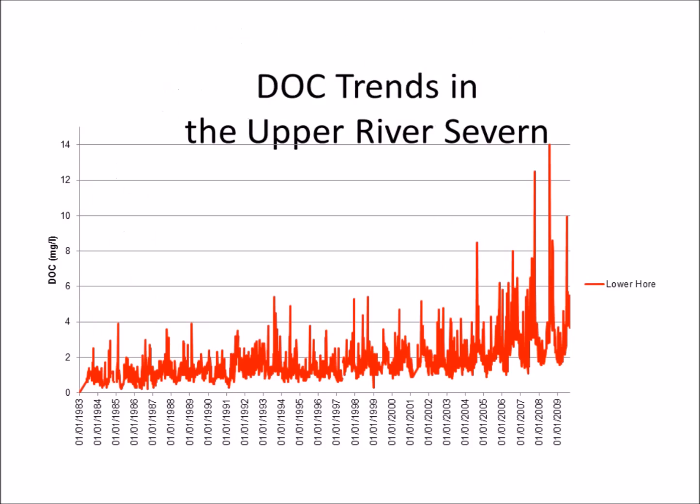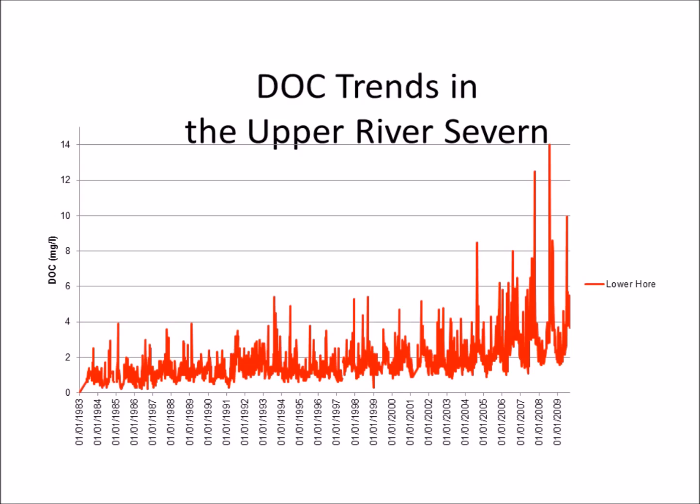And that sort of process is also happening in the uplands, long-term trends in water quality. So here's dissolved organic carbon in the upper Severn at Plinlimmon. You can see this is data going back to 1983. You can see it's pretty stable for a long time, and then in the last 10, 20 years there's been quite a big increase in dissolved organic carbon. And you might think, well, why is that important?